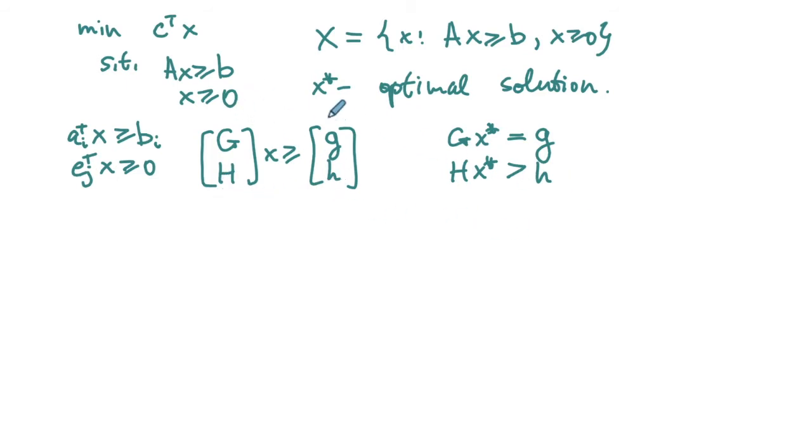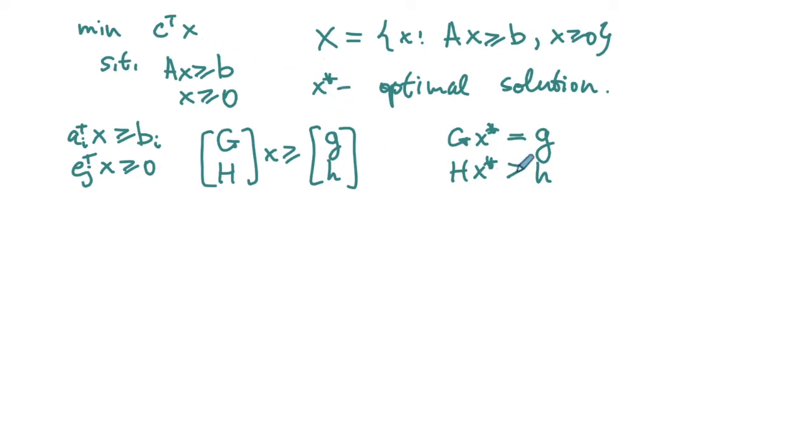Now the fact that x star is an optimal solution to our problem means that whatever feasible direction at x star we consider, the objective function cannot decrease along that direction, because if it did, this would contradict the optimality of our point x star.